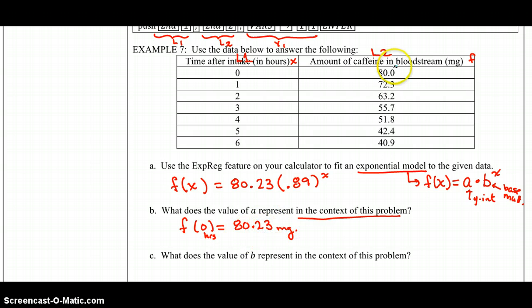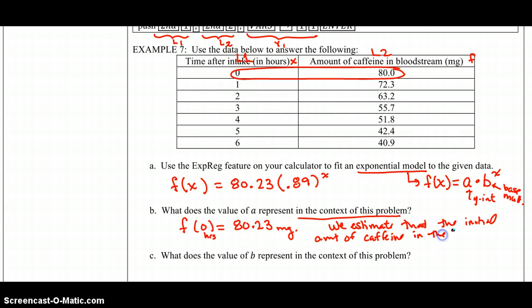In our actual data it was 80, but for the best fitting exponential curve, it puts that initial quantity at 80.23. So based on this equation, we estimate that the initial amount of caffeine in the bloodstream was 80.23 milligrams.